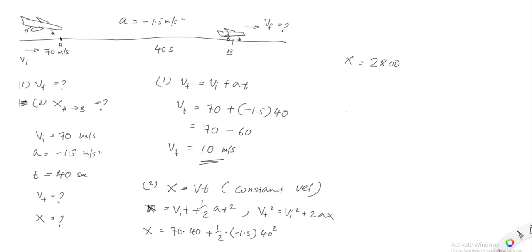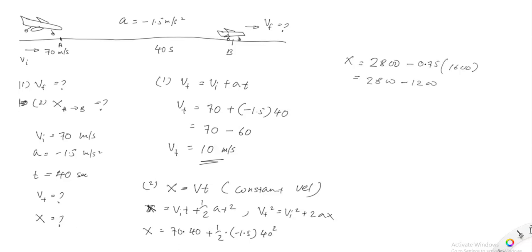So here we have half times negative 1.5, so that becomes negative 0.75. And 40 squared, 40 times 40, is 1600. Now I'm going to need the calculator. 2800 minus 1200.